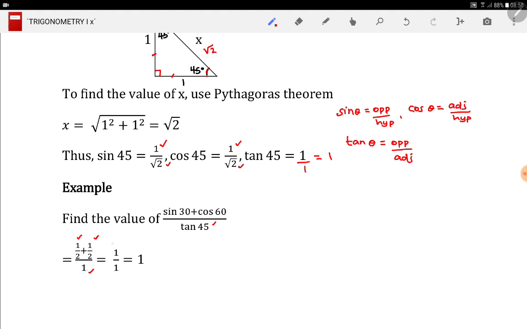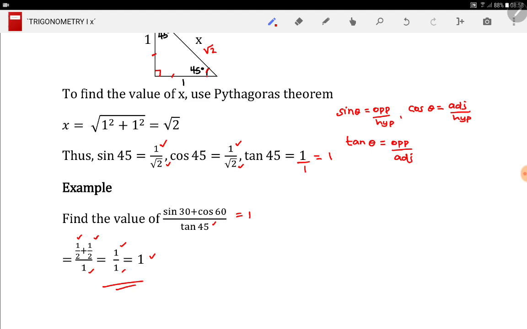Therefore, you just substitute the values and then add and divide them. So a half plus a half is equal to 1 over 1, which is equal to 1. Therefore, the value of this is equal to 1, and that is the answer.